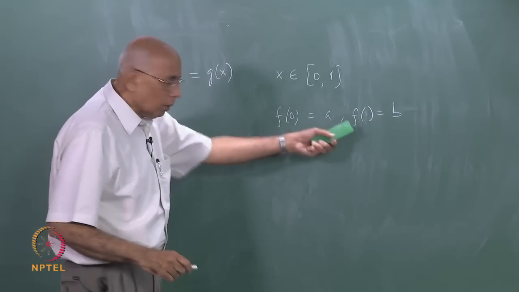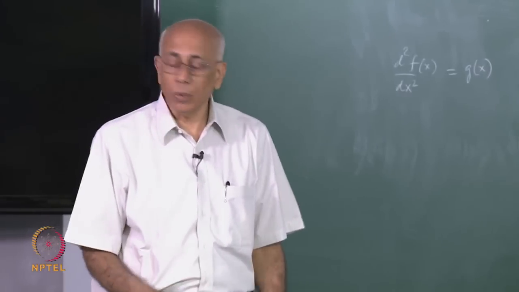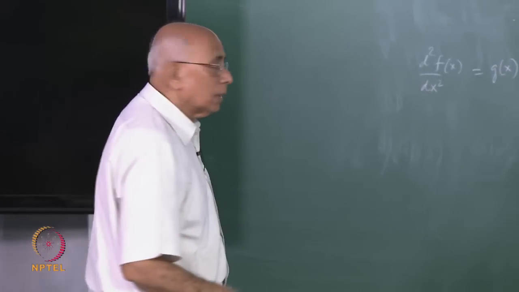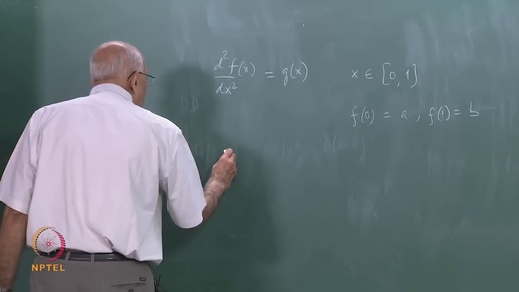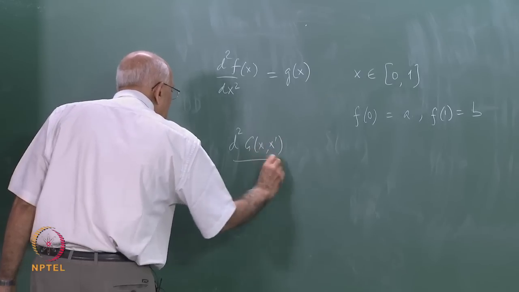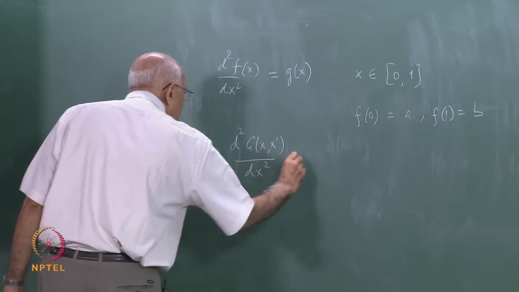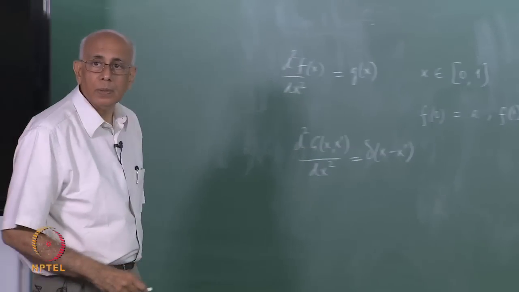So subject to these boundary conditions, the question is what is the solution to this differential equation, what is the particular integral here. So let us try to find out what the Green function of this operator is, and the Green function satisfies d2g over dx2 equal to delta of x minus x prime in this form.